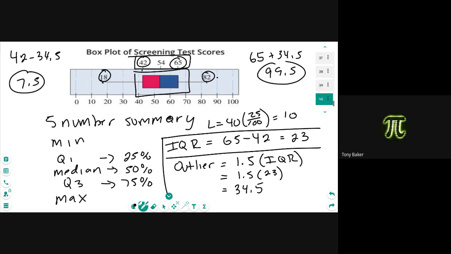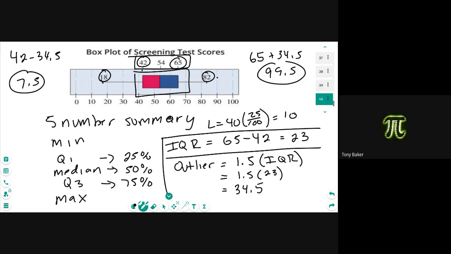34.5. So it's less than 42, but if it was in between those, it'd still be an outlier. Okay, 34.5 isn't the outlier. You're adding 34.5 to your Q3, which is how we got the 99.5.